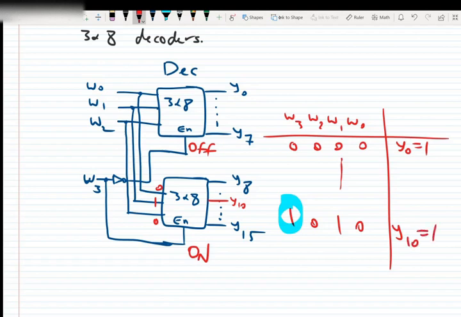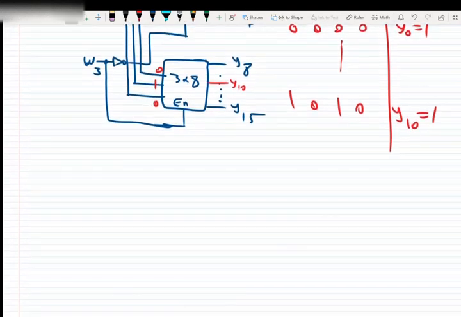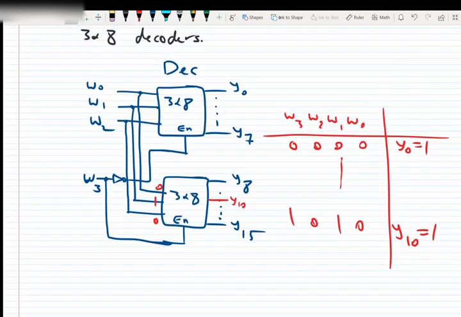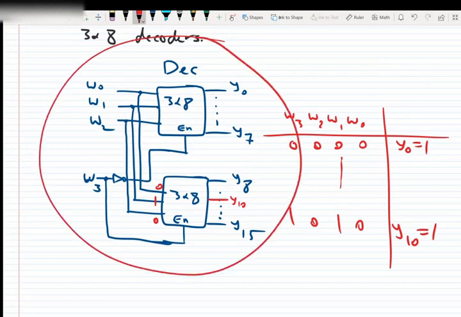Okay, so we have constructed a 4 by 16 decoder using 3 by 8 decoders. But this decoder doesn't have an enable input.